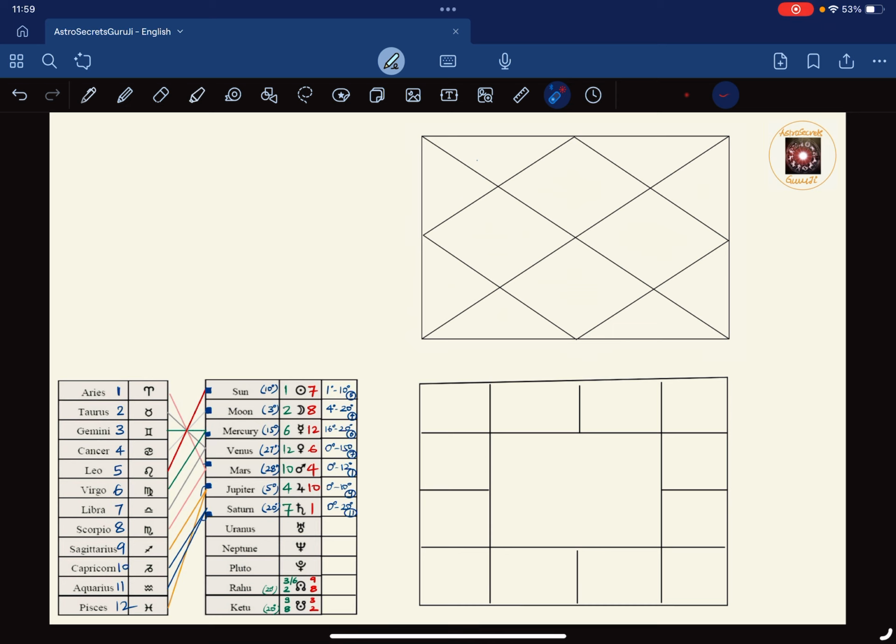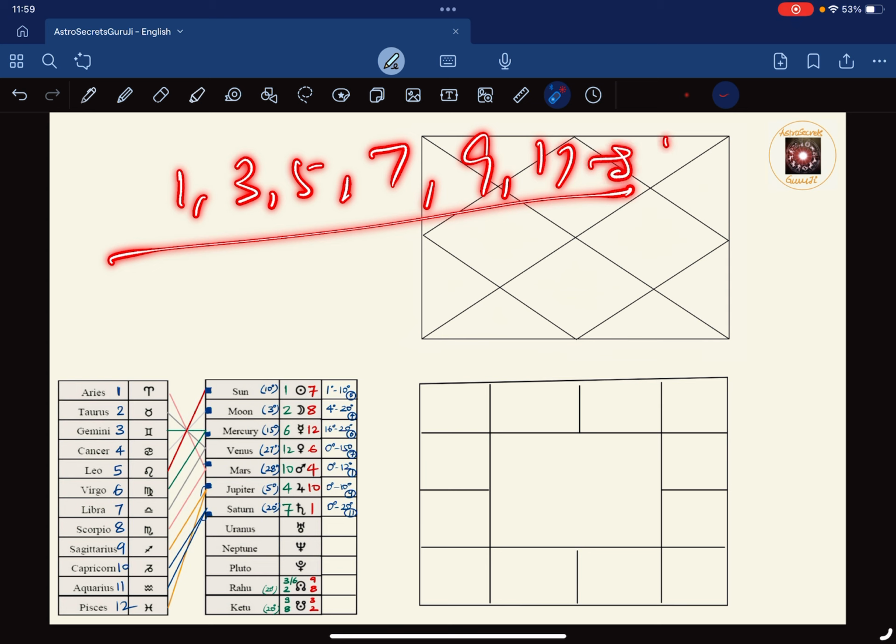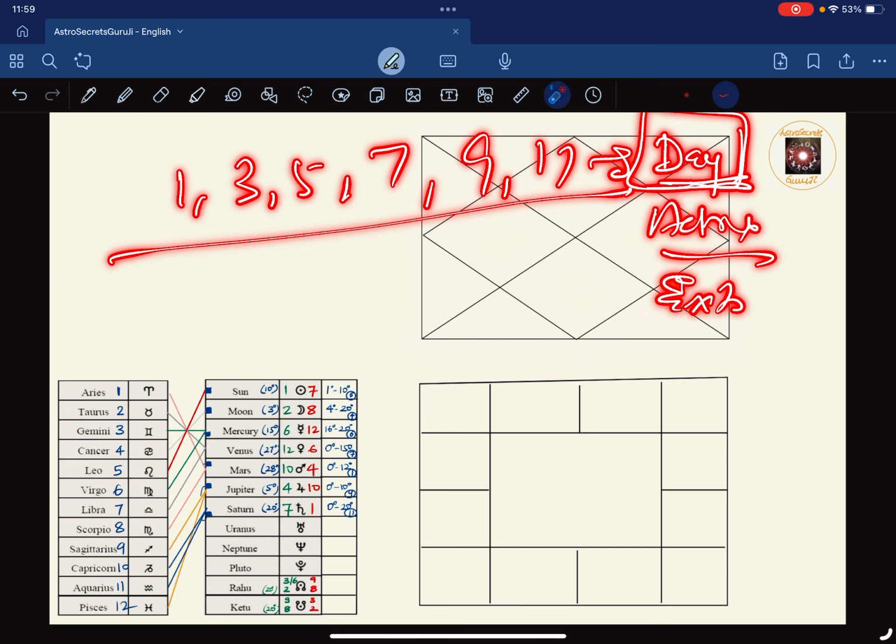So let's say all the odd signs 1, 3, 5, 7, 9, 11 have day polarity, active signs, more extrovert in nature, right?